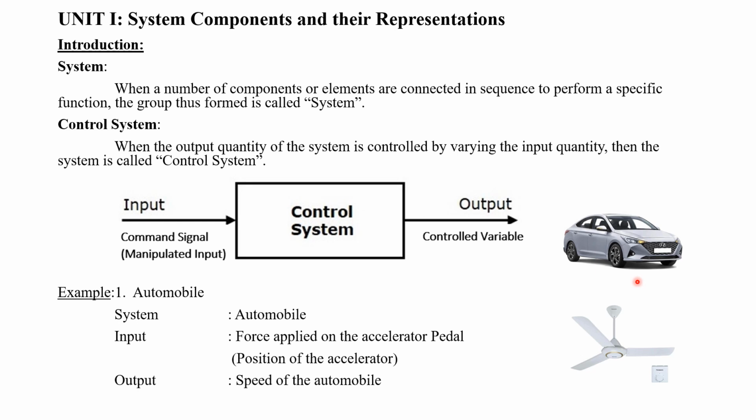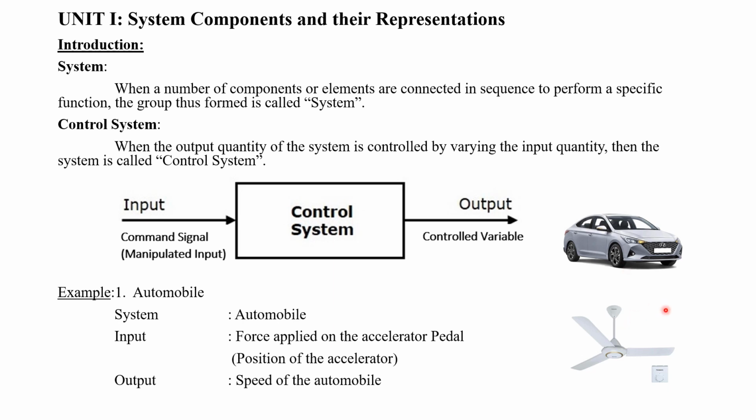This speed can be varied by varying the position of the accelerator. We can vary the speed of the car by applying a force on the accelerator pedal, or we can say the position of the accelerator. So this automobile is an example of a control system where the output is the speed and the input is the pressure or force applied on the accelerator pedal, or the position of the accelerator.